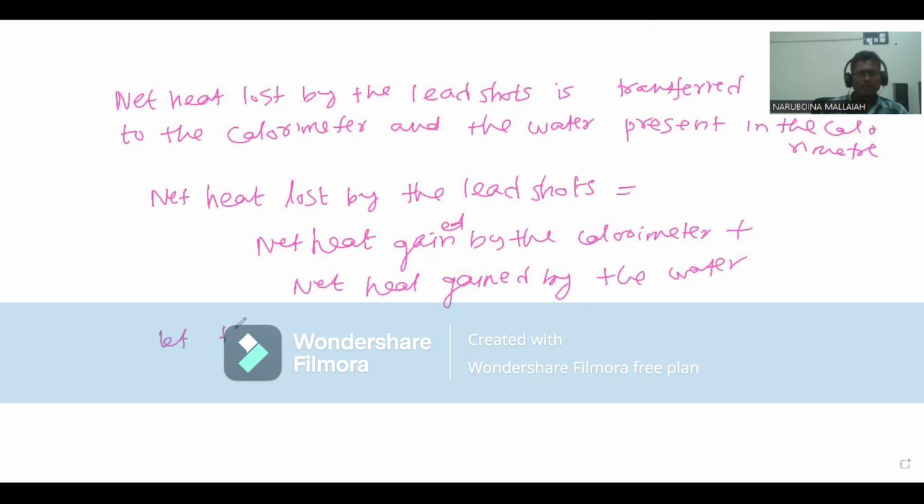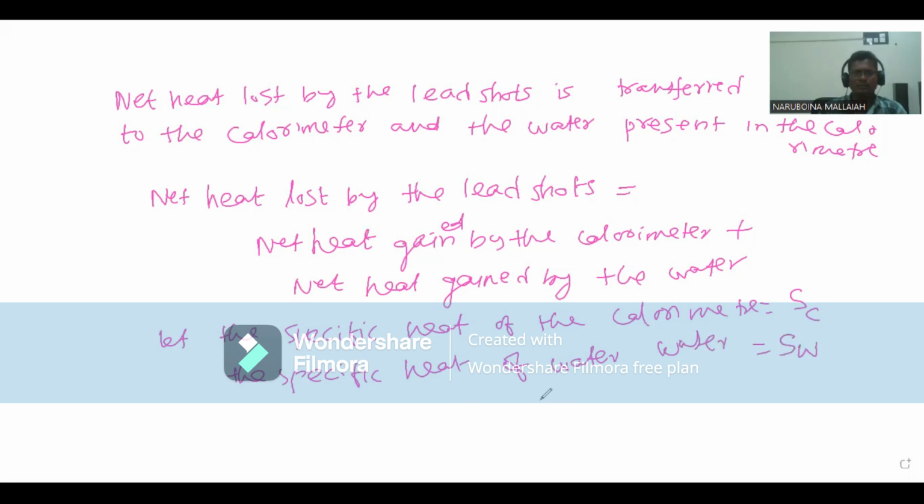Now let the specific heat of the calorimeter be SC, C stands for calorimeter. In the same way, the specific heat of water is SW, and the specific heat of lead shots is SL.